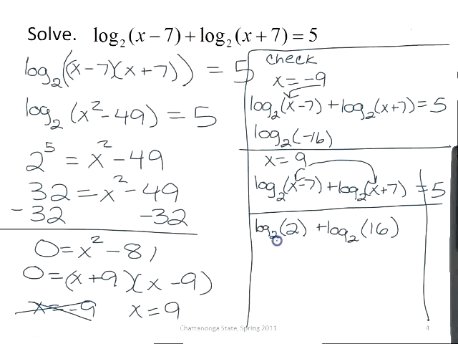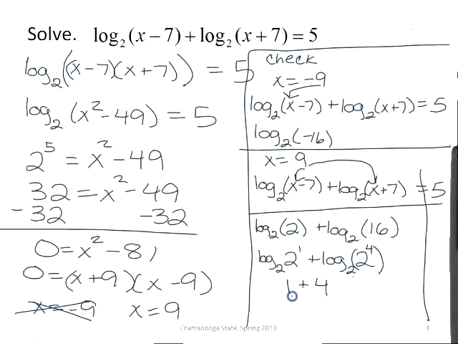So if you go back and remember what logarithms mean, the logarithm is whatever power you have to raise this number to get this number. So this is the log base 2 of 2. This is the log base 2 of 2 to the 4th power. Remember that 16 is 2 to the 4th power.